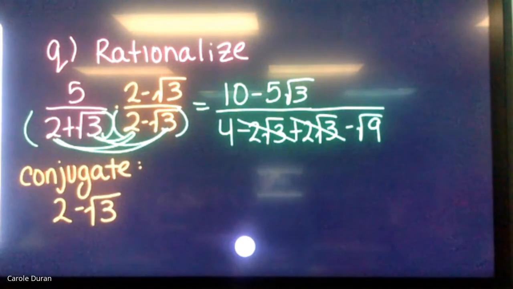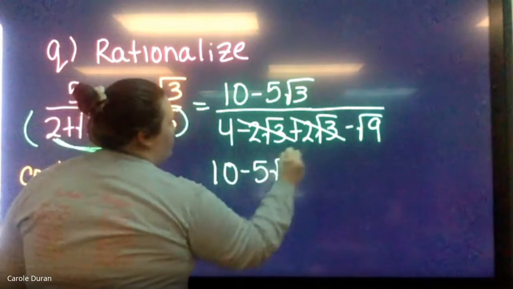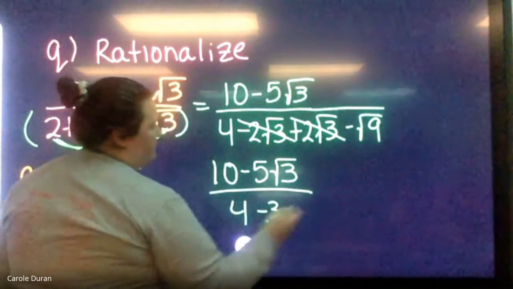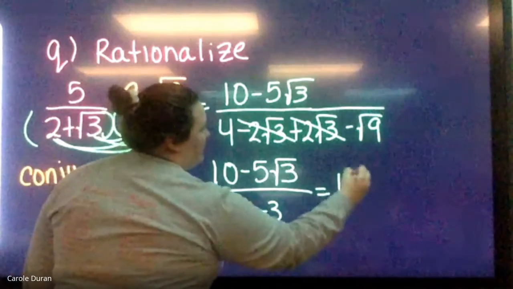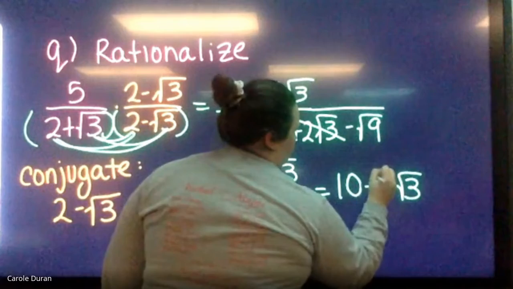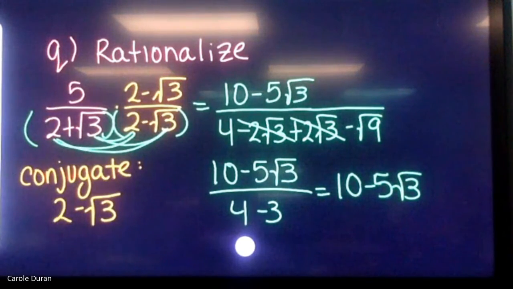The perfect square. 9 is 3 squared, which means the square and the square root cancel, leaving just the square root of 9, which is 3. So this becomes 10 minus 5 root 3 over 4 minus 3, which is 1. So it's just 10 minus 5 root 3. You can put it over 1 if you want to, but that's a little bit redundant, so I don't do it.